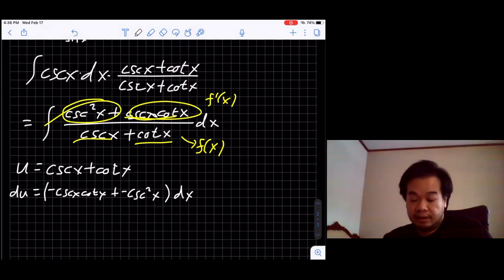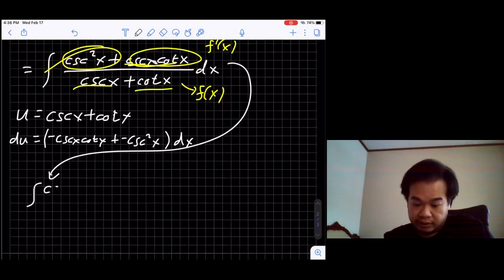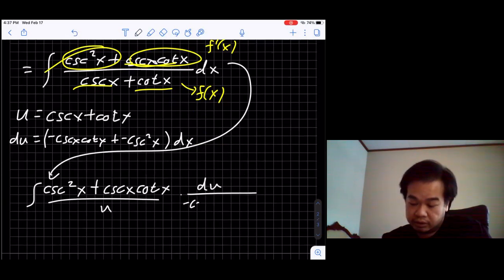Okay, and then if we continue, it will be integral of cosecant square x plus cosecant x cotangent x over u, times dx, which is equal to du over negative cosecant x cotangent x minus cosecant square x.